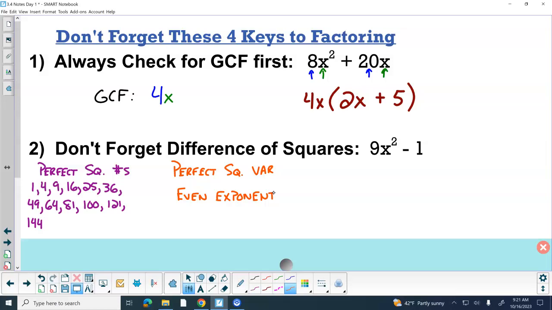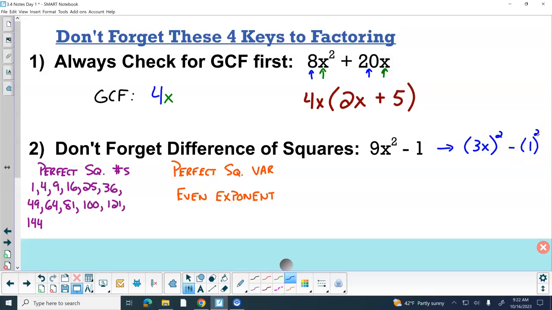Okay. So, when you think of this, you think of this as 3x quantity squared minus 1 quantity squared. Okay?